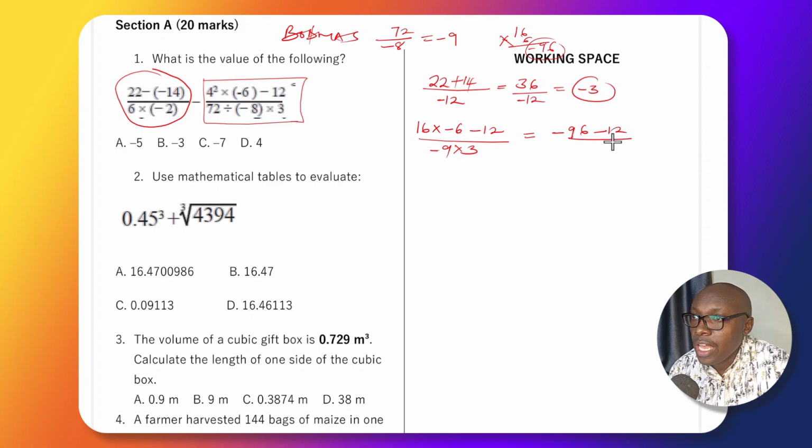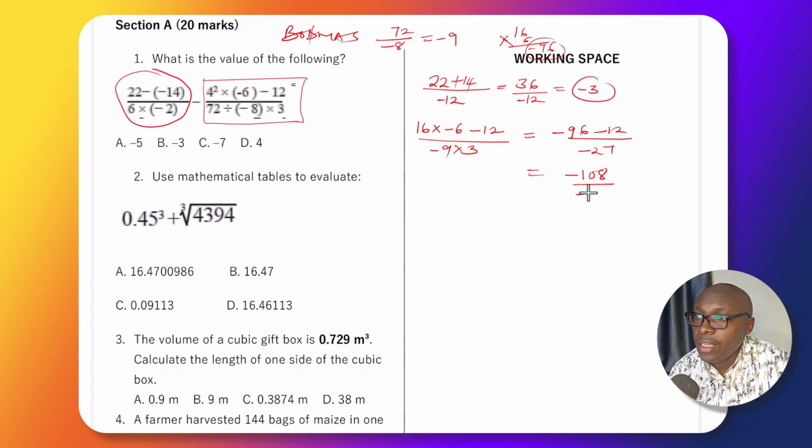Subtract 12, everything divided by negative 9 times 3, that will give negative 27. When you work out this, negative 96 subtract 12 will give negative 108. I repeat, negative 96 subtract 12 is negative 108.